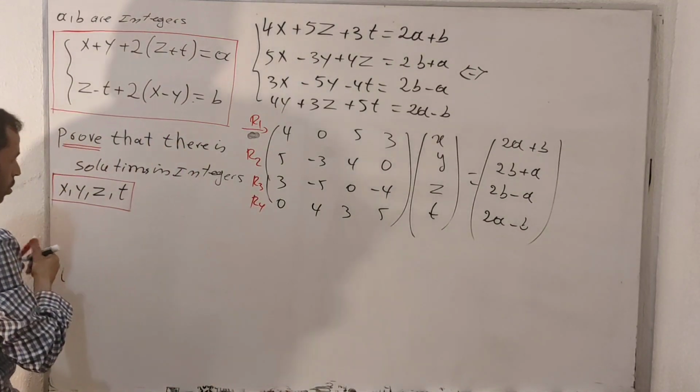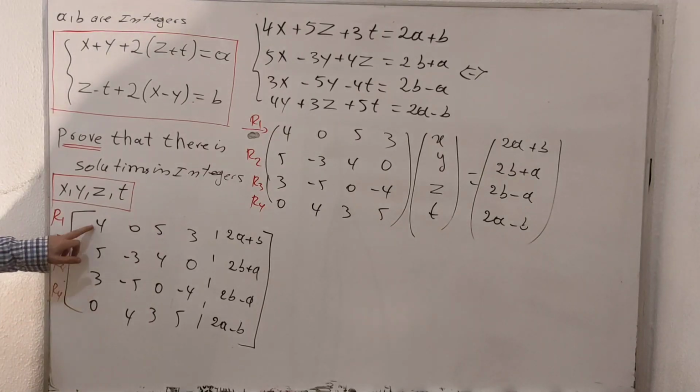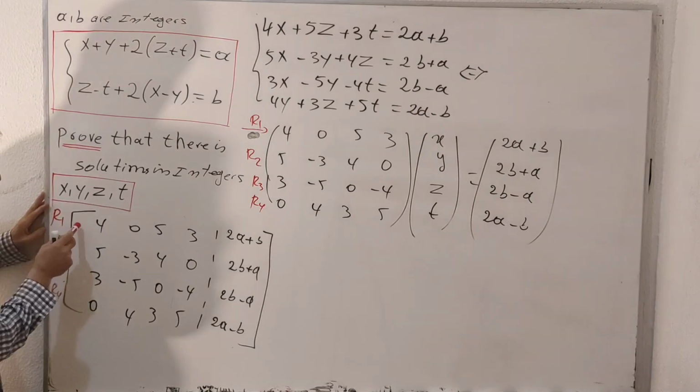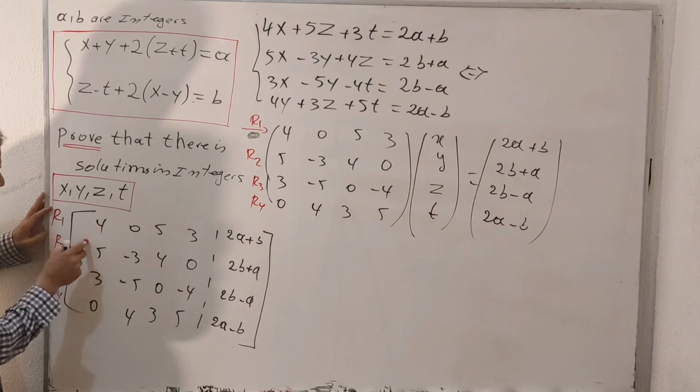So I'm going to put this on this form. Our goal, in order to apply Gaussian elimination here, is to get 0 here. We are going to multiply the first row by 5 and the second row by 4 and subtract both rows.